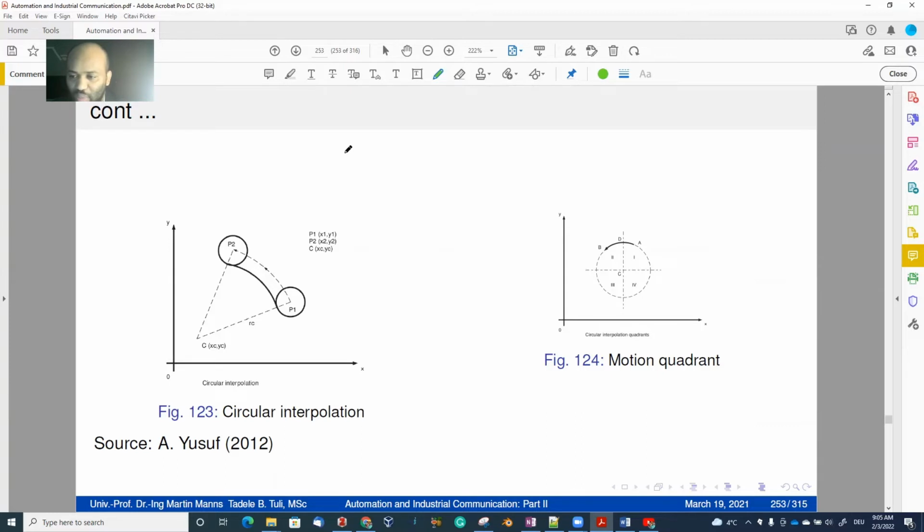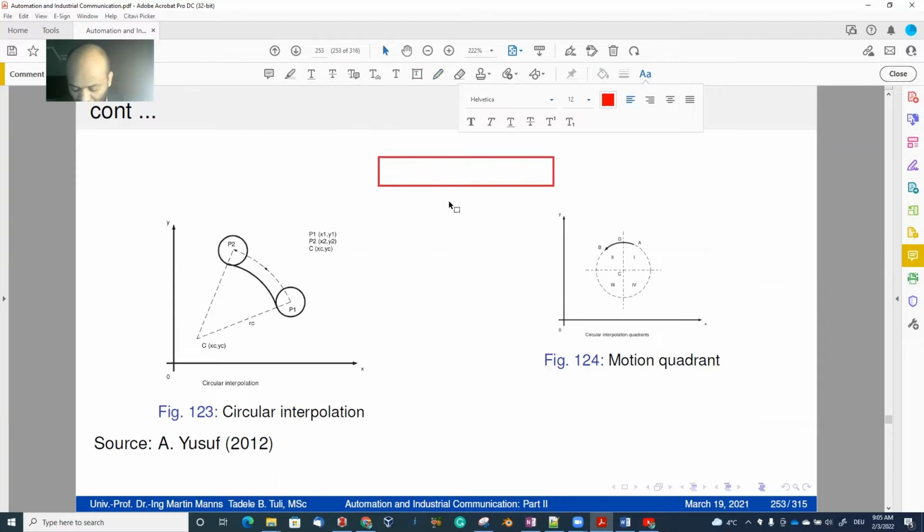So you apply the circular equation, as everyone knows: (x minus xc) squared plus (y minus yc) squared gives radius squared. This is just an elementary circular equation.